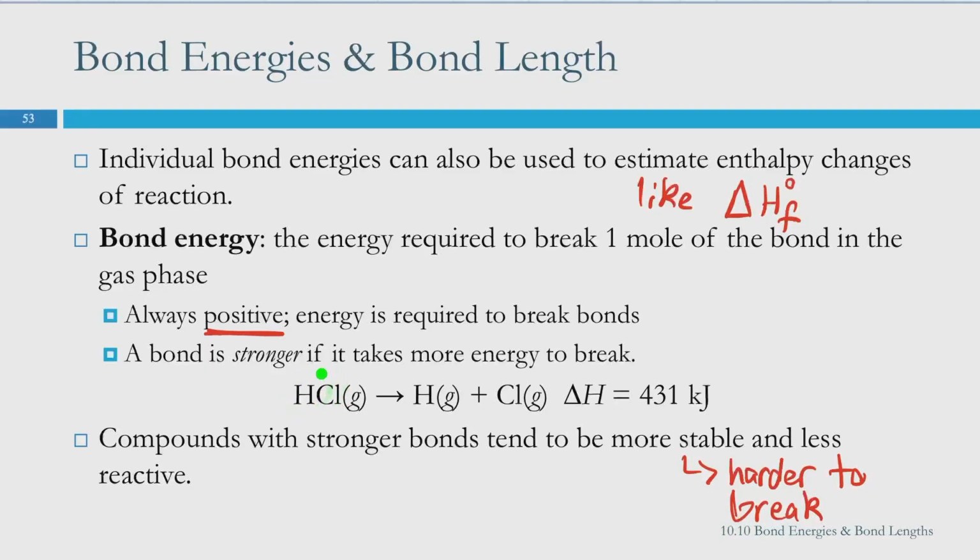So for example, the bond between hydrogen and chlorine in HCl, to break a mole of that bond is about 431 kilojoules. We have no frame of reference for what that number means. It's a little bit on the higher side for stuff that we'll be looking at today.